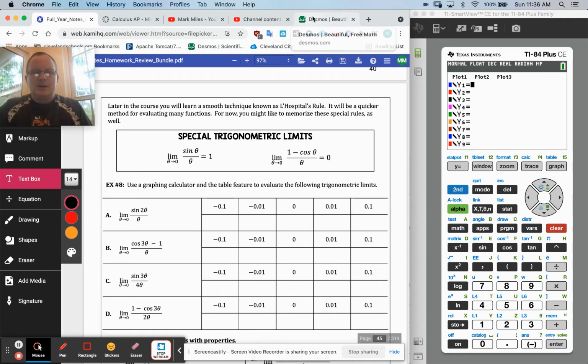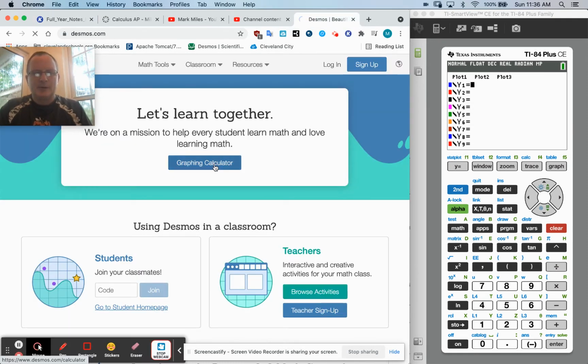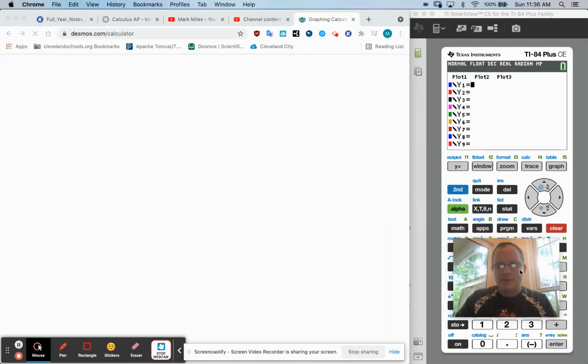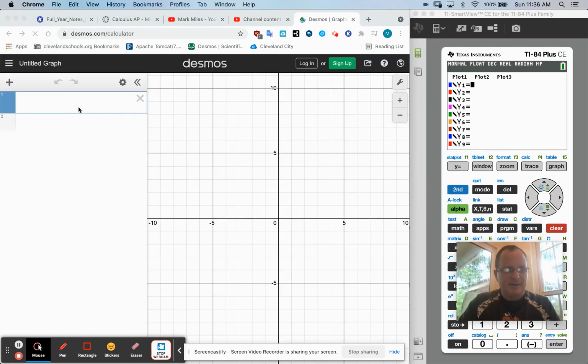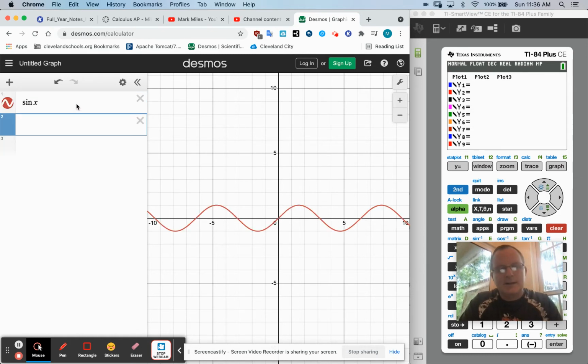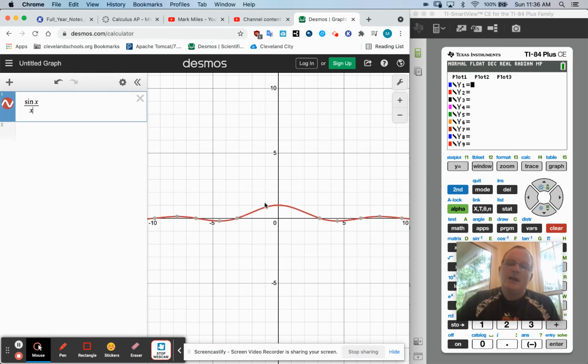Okay, so let's look for a second at the sine x over x graph. They use theta, but let me move this over here just for right now. If I go sine x over x, if you do a direct substitution, and we're approaching 0, by the way, the numerator is 0 and the denominator is 0.